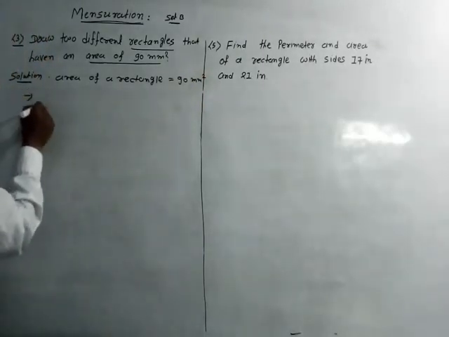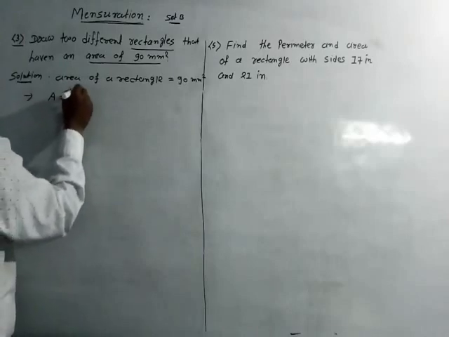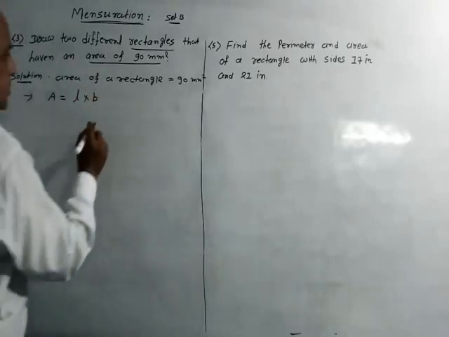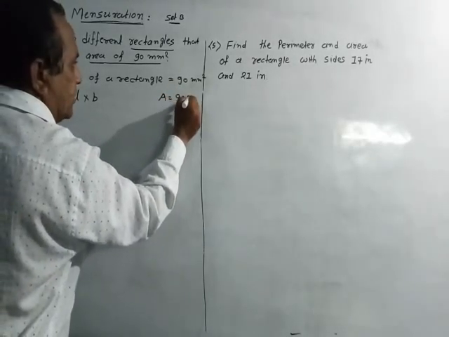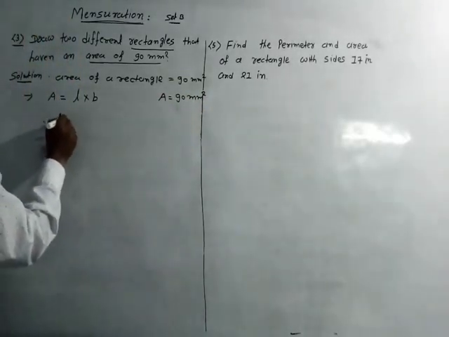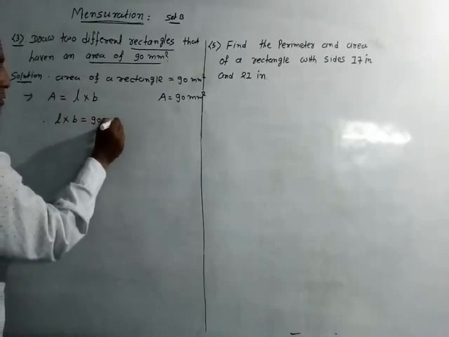Now we know that area of rectangle is equal to L multiplied by B. Here given A is equal to 19 mm square. So L multiplied by B is equal to 19 mm square.